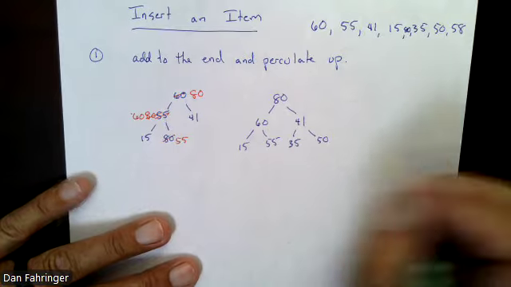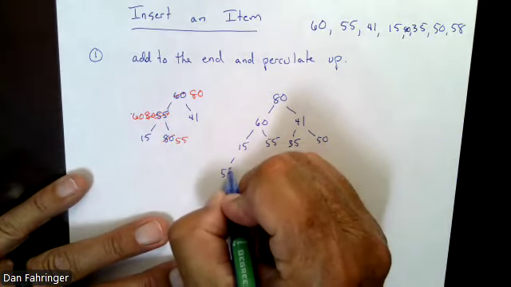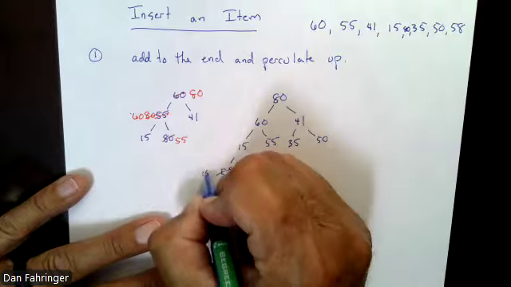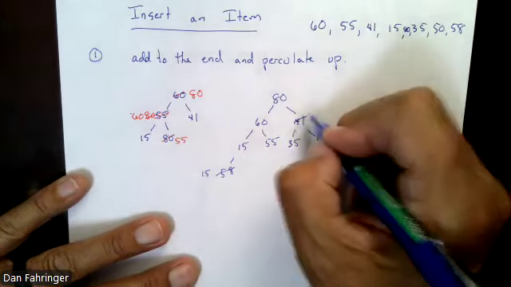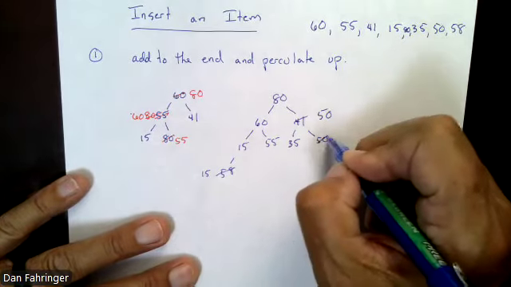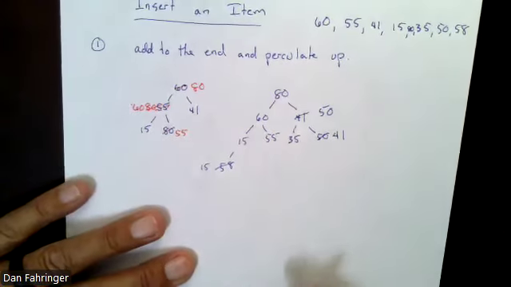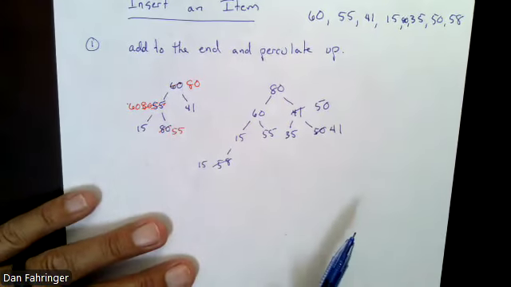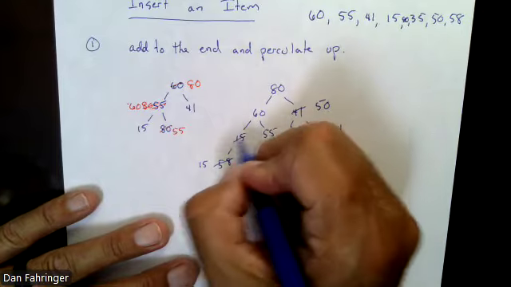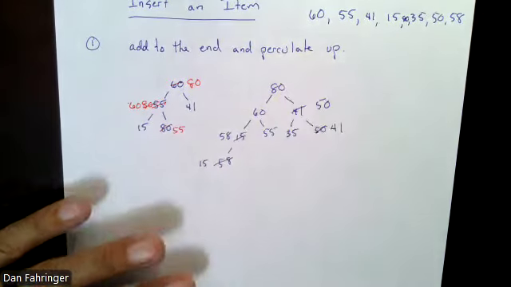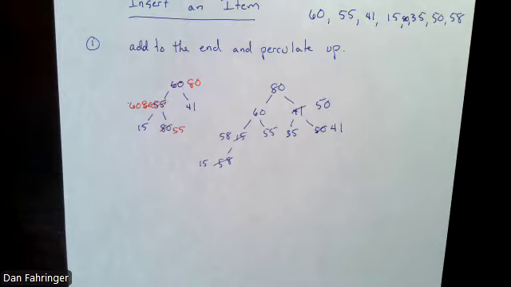This is very good test data. Next number is 58. Uh-oh, there 50 is less than 41? Yes, it is. Those two should have been swapped. My bad. And then as we said before, I messed up. These two should be swapped as well. So now every parent is greater than a child.